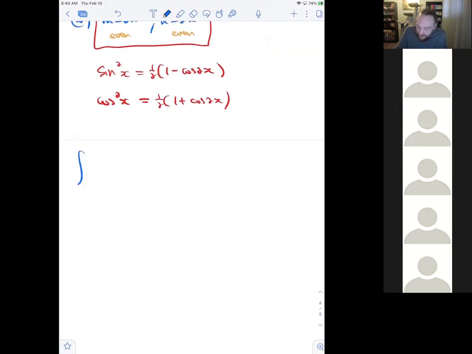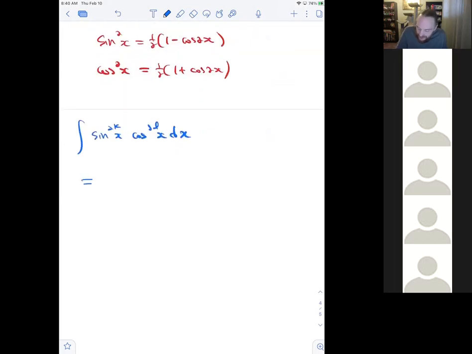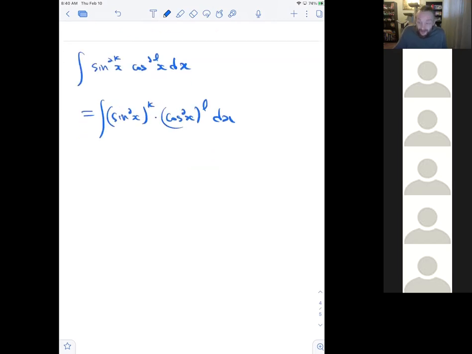And so the integral of sine 2kx cos 2lx dx is going to become equal to the integral of sine squared x to the power k times cos squared x to the power l dx. And then you're going to have to FOIL all those out.